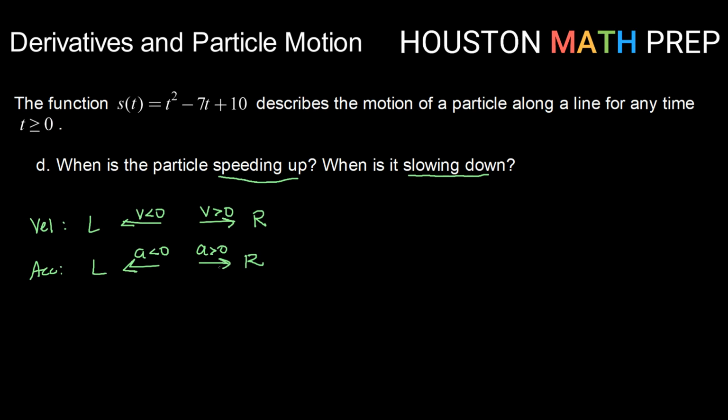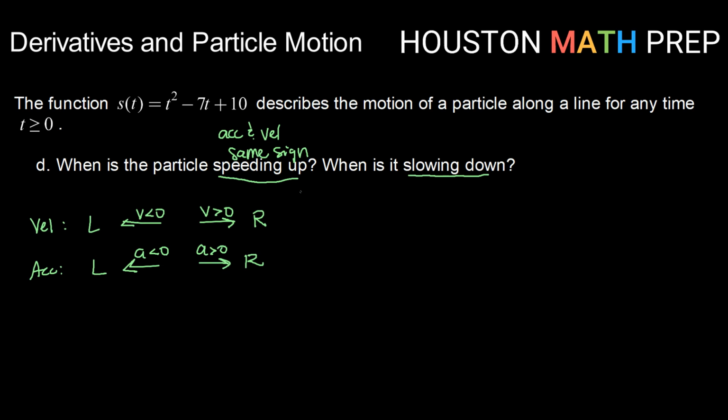If you think about these forces working together, anytime that you are moving to the right and accelerating to the right, those two forces would be working together and you would be speeding up. The same thing would be true if you were moving to the left and also accelerating in the left direction, you would be speeding up. So speeding up is going to happen when acceleration and velocity have the same sign, whether that's both positive or both negative.